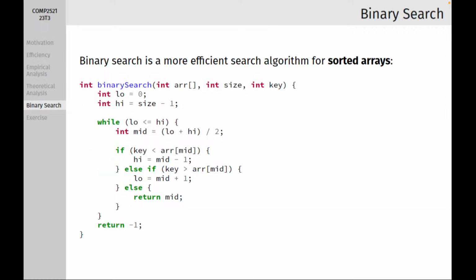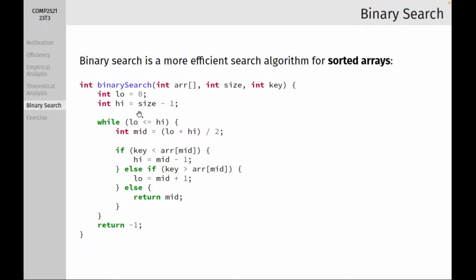So here is the code for binary search. We've got two variables here, low and high, to keep track of the bounds of the part of the array that we're checking. At the start, low is just going to be the lowest index of our array, and high is going to be size minus 1, which is the highest index of our array.